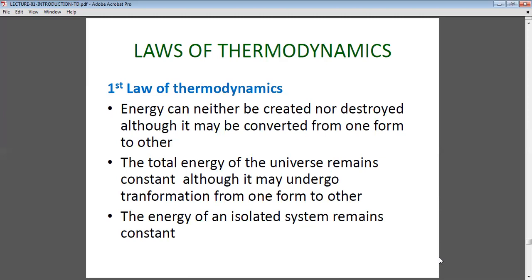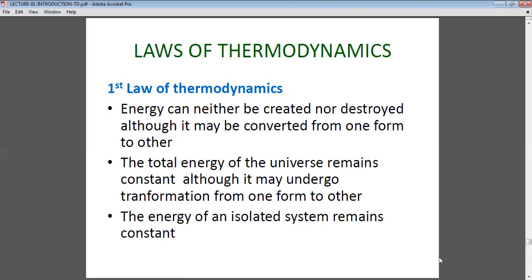Coming to the first law of thermodynamics, according to the first law, energy can neither be created nor be destroyed. Energy can only be transferred or converted from one form to another form, and the total energy of the universe remains constant, even if the transformation of energy takes place from one form to another.